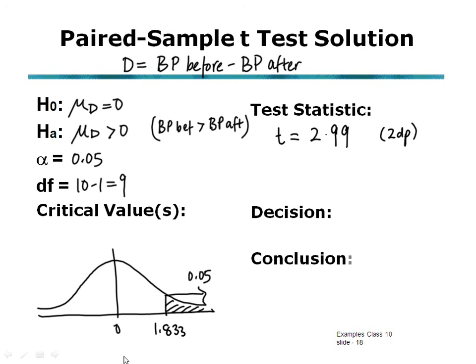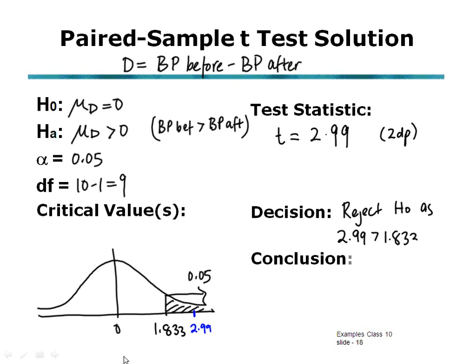So for the decision in this example, remember that our rejection region says reject the null hypothesis if our calculated test statistic is bigger than 1.833. That test statistic is clearly in the rejection region. So the decision here is to reject the null hypothesis because 2.99 is bigger than 1.833.